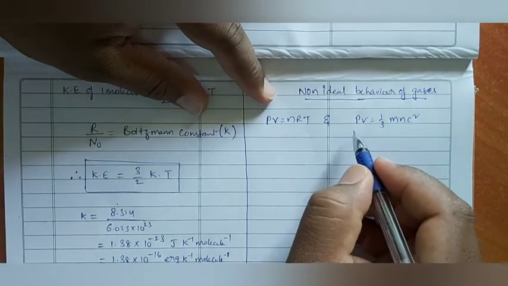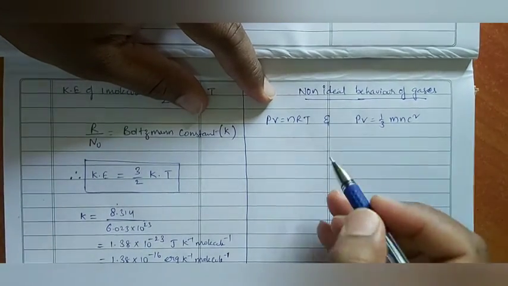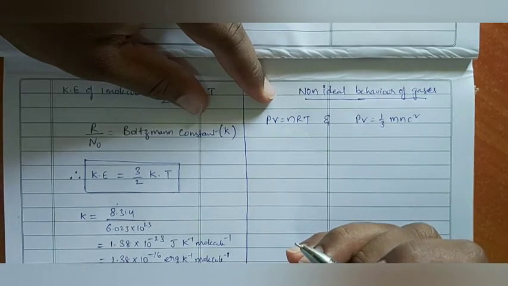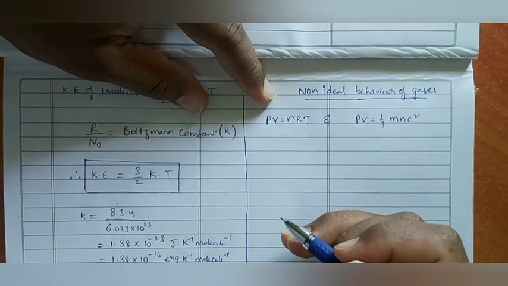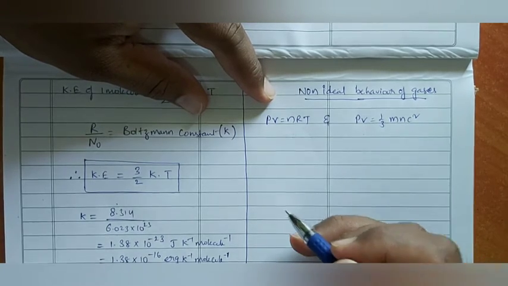Any equation if they follow, those gases are called ideal gases. But coming to our realistic nature, that means what are the gases present in our nature? Those gases are not behaving like real ideal gas. Those are all real gases.